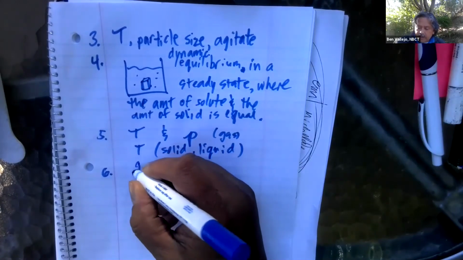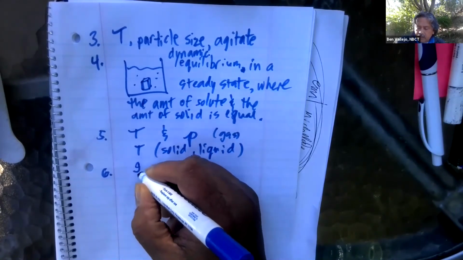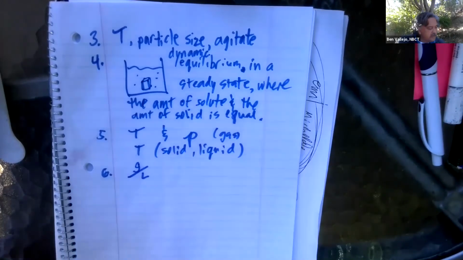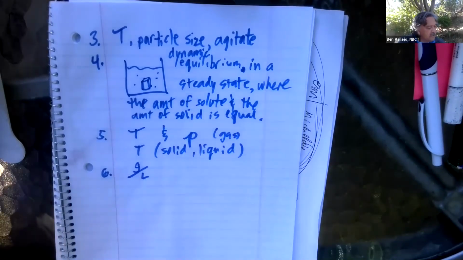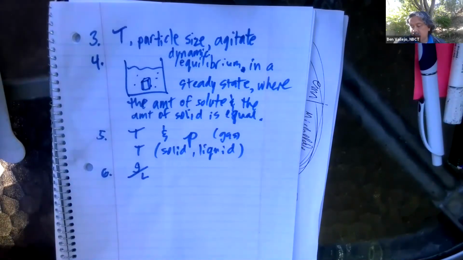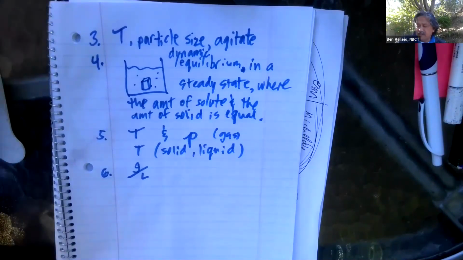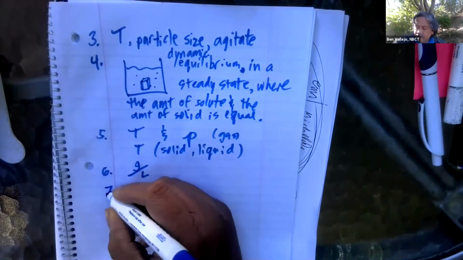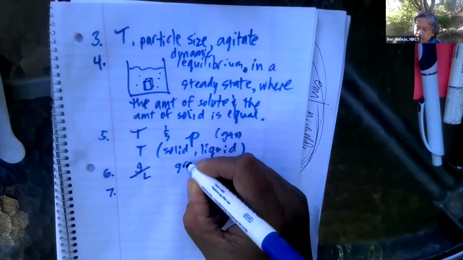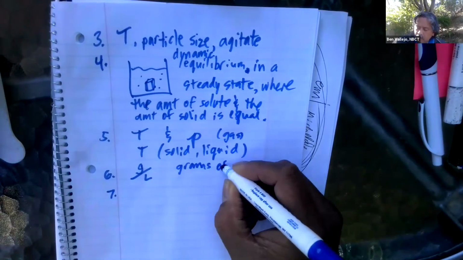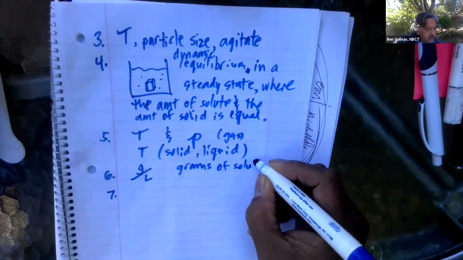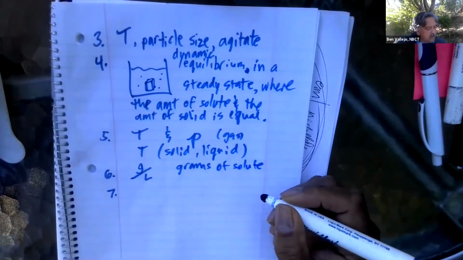So grams over liter is the answer, number 6. So that's good. Grams of what? Grams of solute, grams of whatever's going into the solvent. So if you want to say it in words, it's grams of solute.